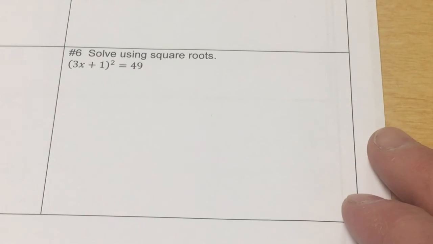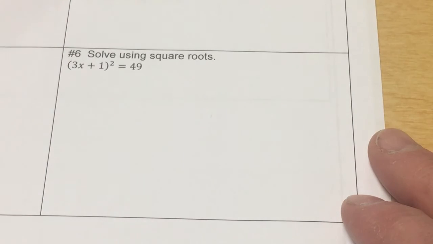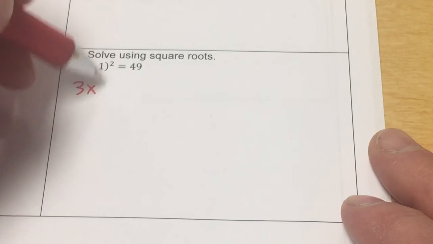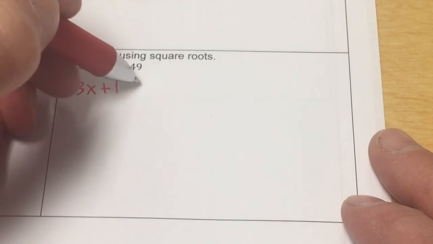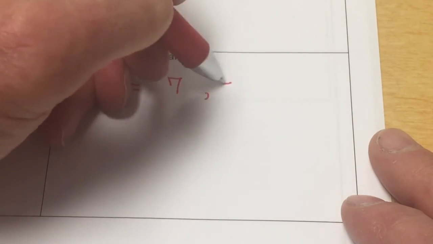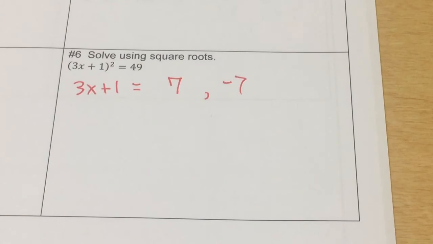Okay, on number 6, again, like on number 4 and number 5, the square thing is already alone on one side of the equal sign. So we will take the square root, and that's just going to remove the square on the left side. On the right side, the square root of 49 is either 7 or negative 7.